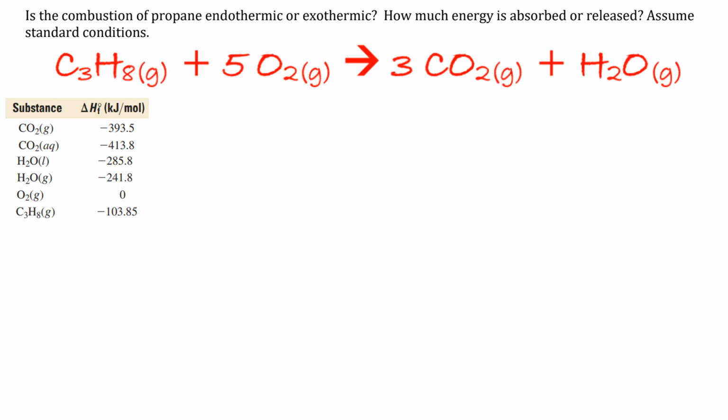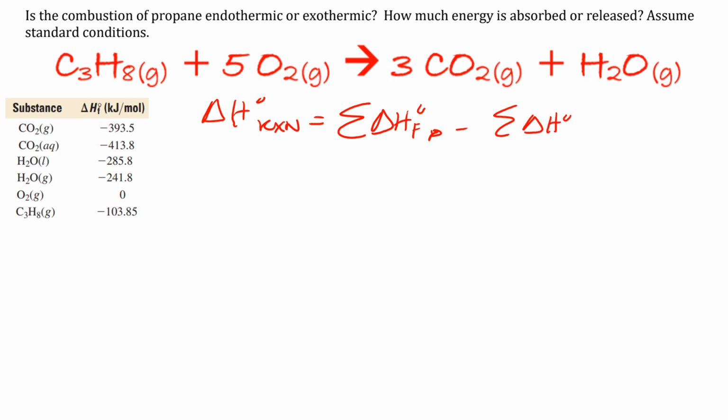So we're going to use this equation right here: delta H standard reaction equals the sum of the delta H for the products minus the sum of the reactants. Looking at this reaction, just really quick, there should be a 4 up here, 4 H2O.